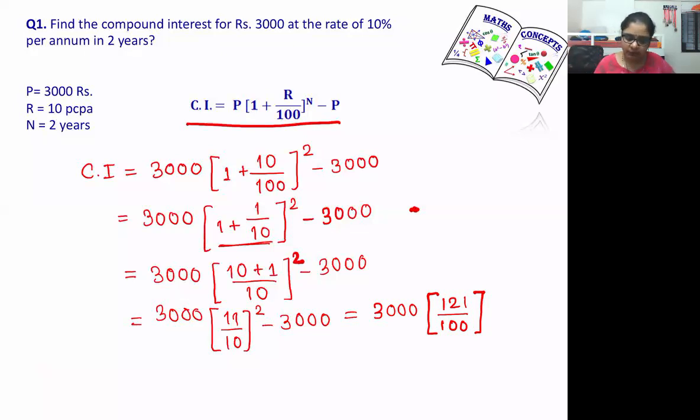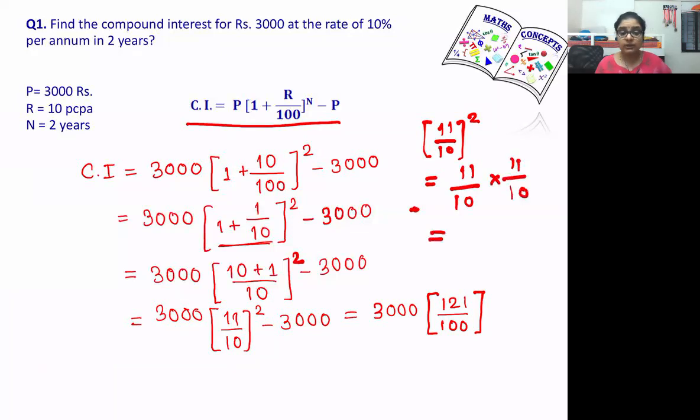When we have to find the square of any fraction, 11 upon 10 whole square, what does this mean? This means 11 upon 10 multiplied by 11 upon 10, and when we multiply fractions, we multiply numerator by numerator, denominator by denominator. That means 11 into 11 upon 10 into 10, which is the same as 121 upon 100, and minus 3000.